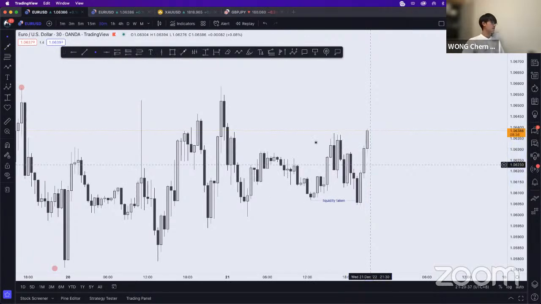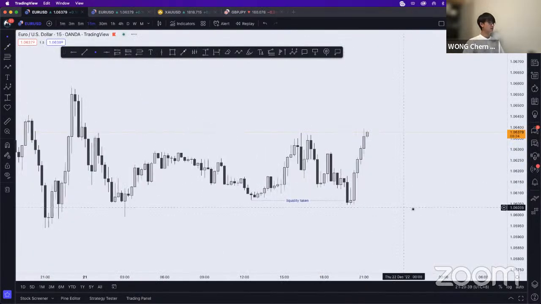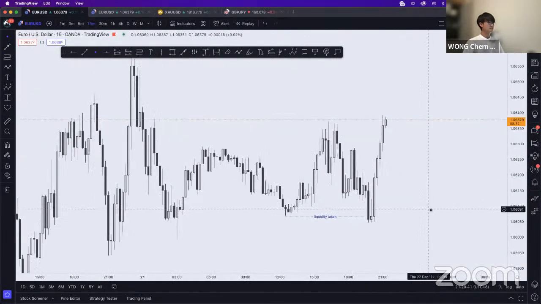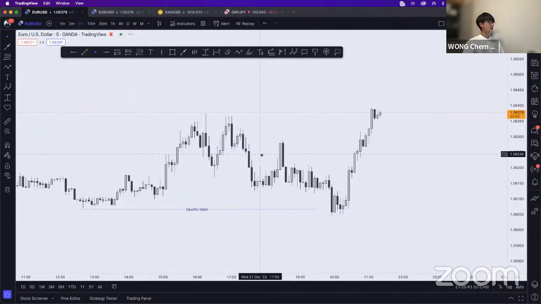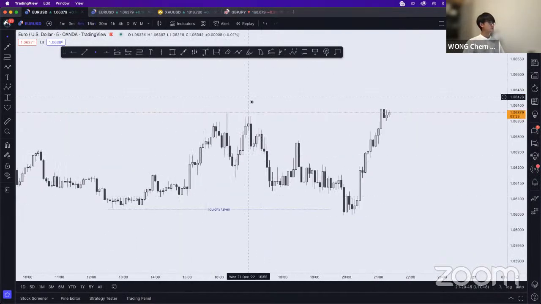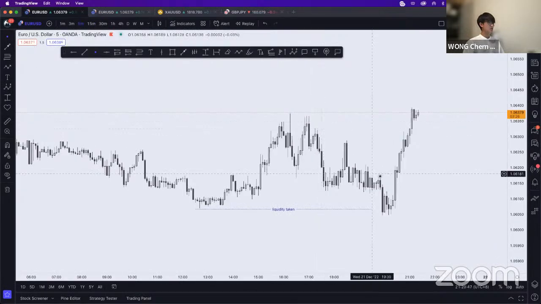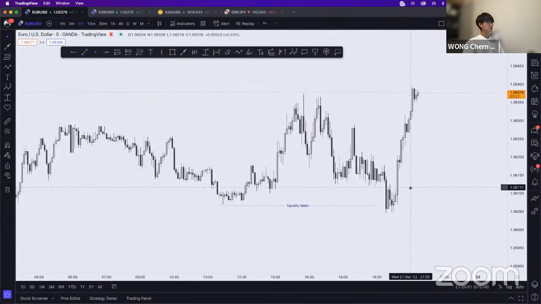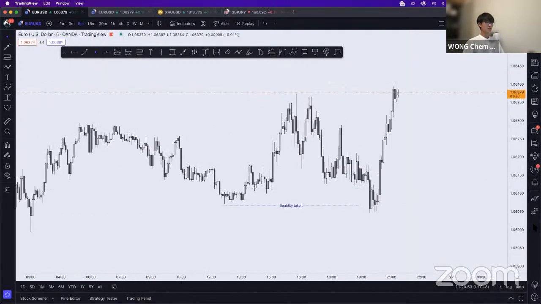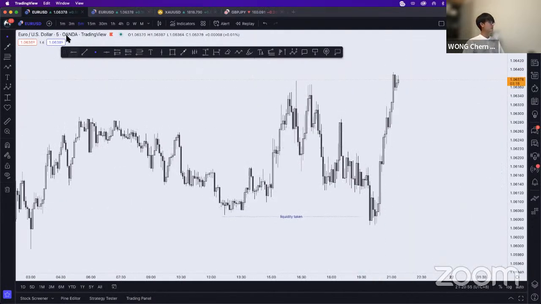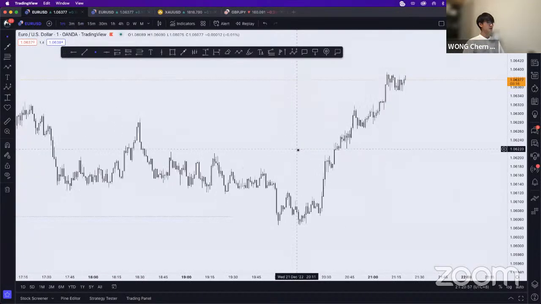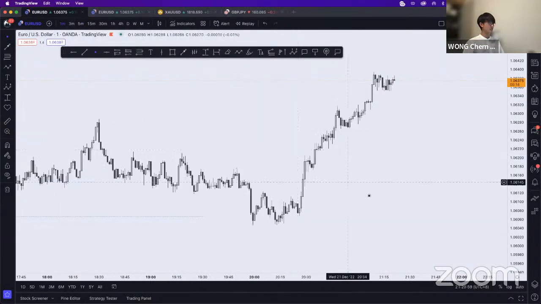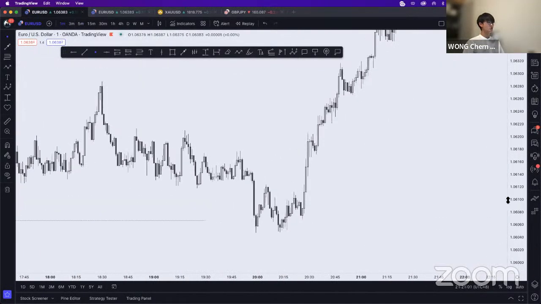But if we go down to the 15 minute or 5 minute time frame, there is really no retracement for us to take any longs or scalp longs. Even on the 1 minute time frame, there is very strong bullish pressure.